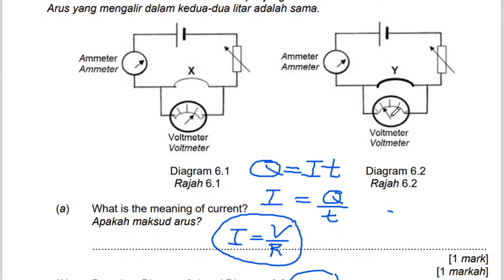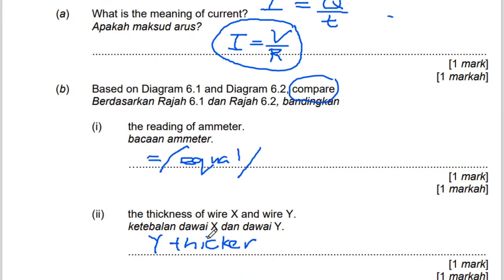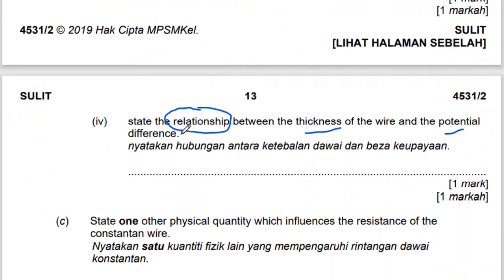Okay, good. Betul. Correct, Aurora. Ataupun the greater the thickness of the wire, the smaller the potential difference. Okay, correct. But when you write your answer for this type of question, relate, you don't talk about the diagram anymore.